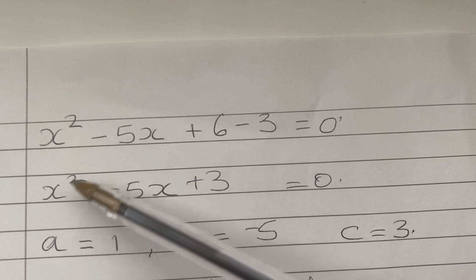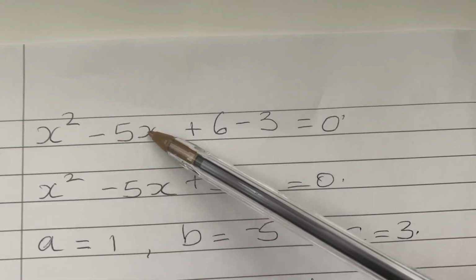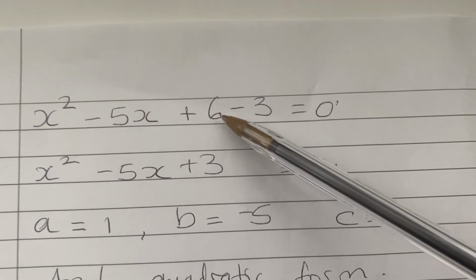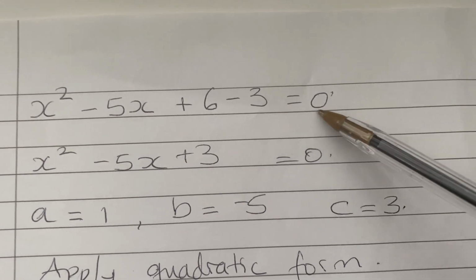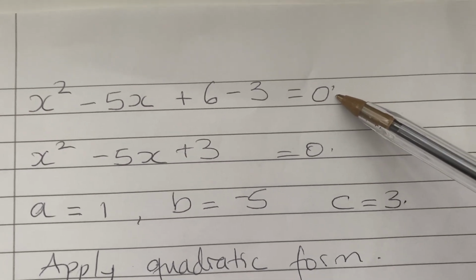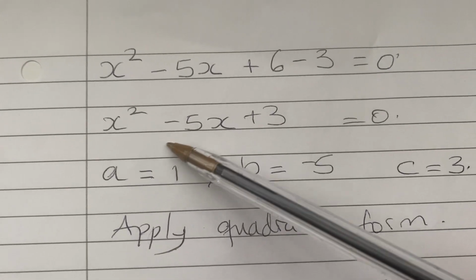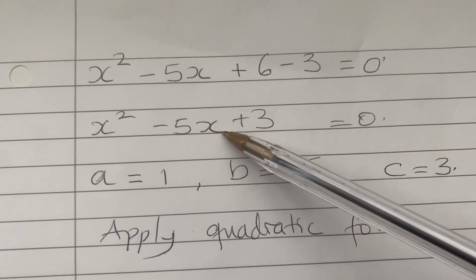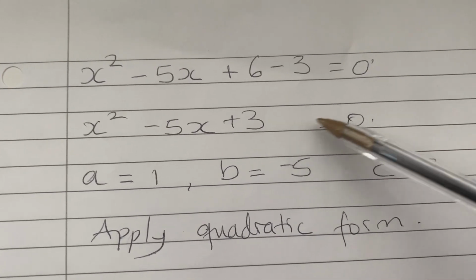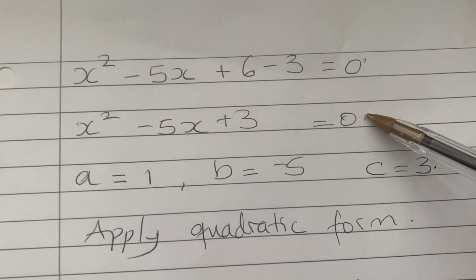So now, going forward, x squared minus 5x plus 6 minus 3 equals 0. Okay, x squared minus 5x plus 3 equals 0.